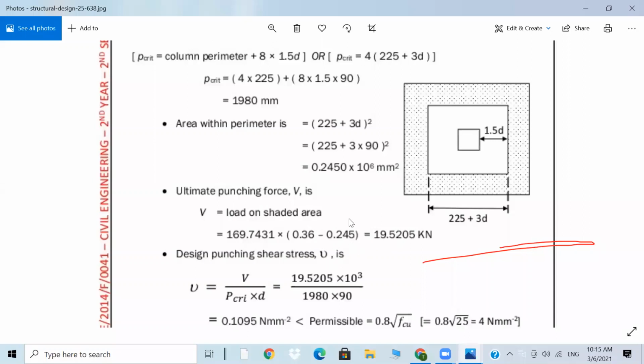So after that the value is coming 19.5205. Define the punching shear stress v. The v is equal to V over P critical into d. The 19.52 into 0.5 into 10 to the power 3 over 19 into 10 into 90.